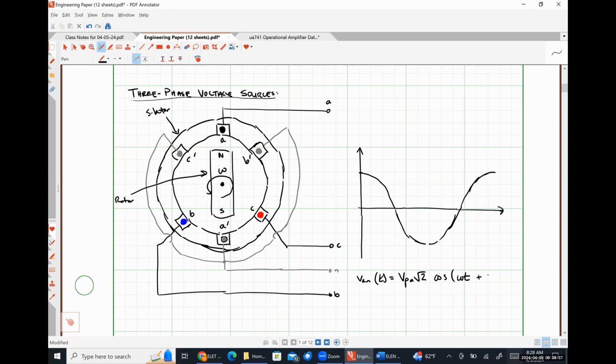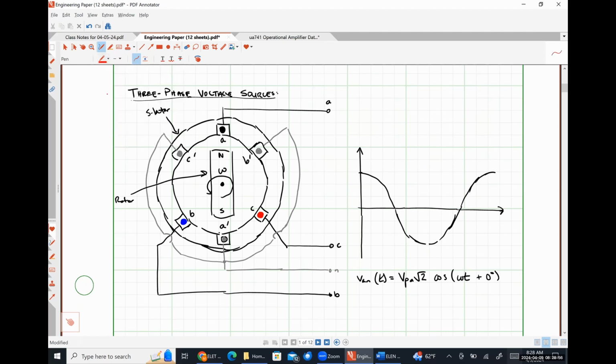And we're just going to arbitrarily assign the phase angle for the A phase here to be 0 degrees. I'm using that square root of 2 there so that when I talk about RMS values for all of this in a moment, it'll literally just be VPA. All right. So that's what's going on with our A phase.